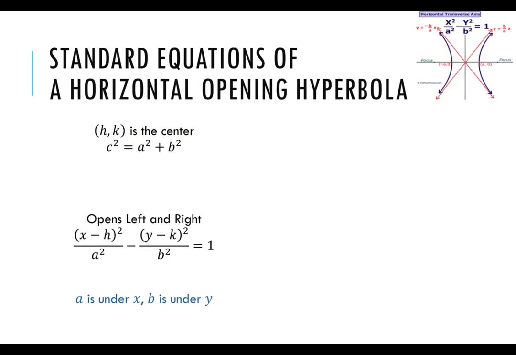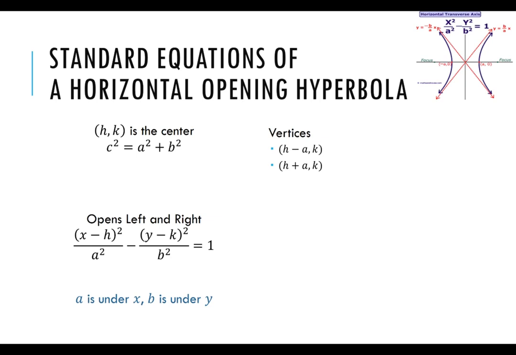A horizontal opening hyperbola, well, we have our reference up here in the top right, but that one's specifically centered at the origin 0, 0. It opens left and right when the y stuff is what's being subtracted. And so then a is under x in this situation and b is under y. So recognize that in my two situations, a's and b's are based on which direction we open.